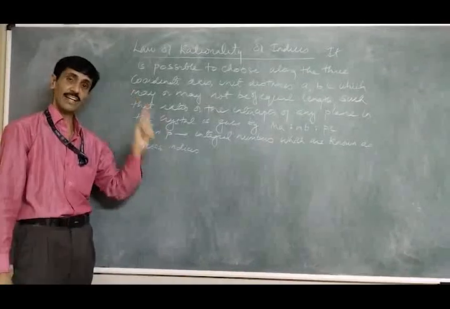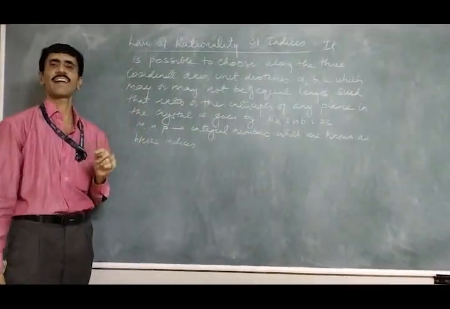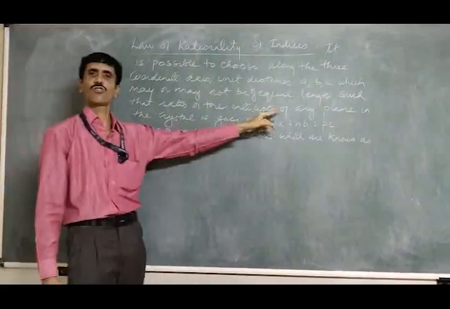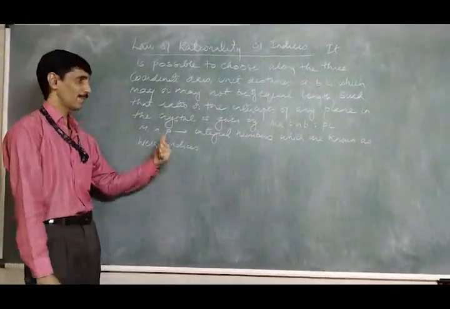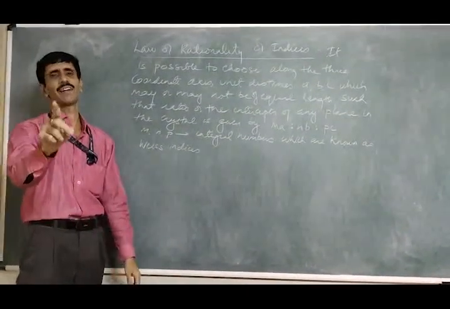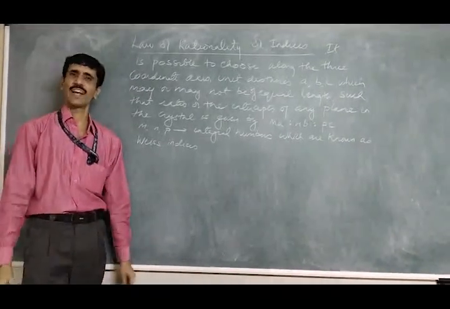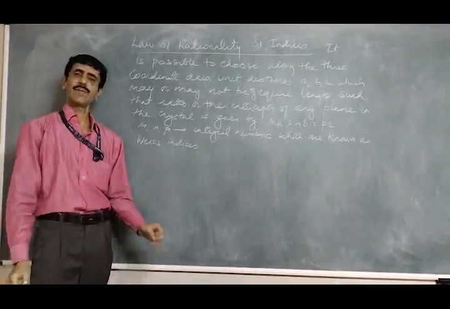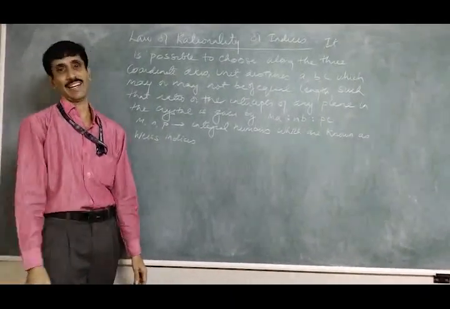Such that the ratio of the intercepts of any plane in the crystal will be given as ma : nb : pc. Now what are these m, n and p? M, n and p, my dear friends, are integral numbers, and these integral numbers are known as Weiss indices. Weiss indices. Now, my dear friends, there is another concept also, and that is called Miller indices.